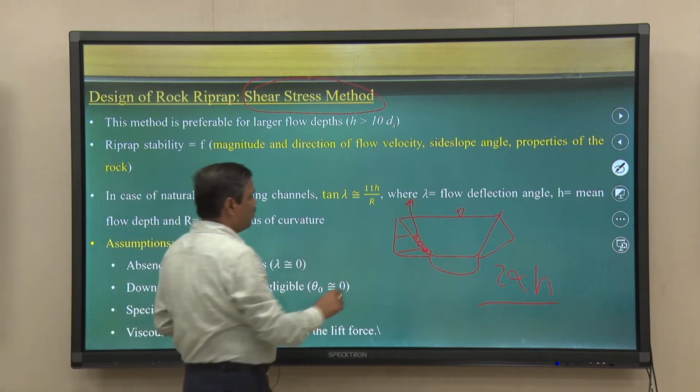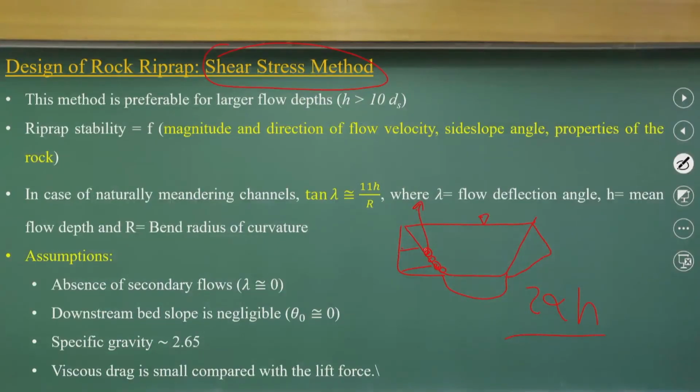We should look at the particle stability or the stone stability. The riprap stability depends upon the direction and magnitude of the flow velocity, side slope angle, and the properties of the rock. That is what the shear stress methods give us.